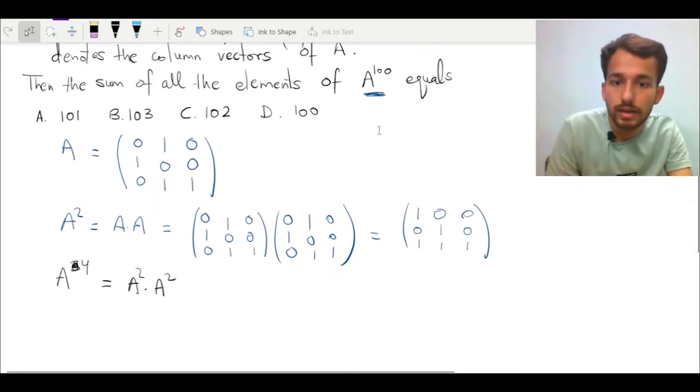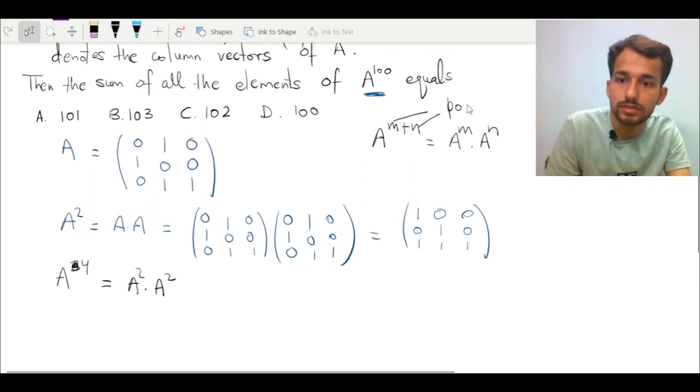In general, for a given matrix A, A raised to the power m plus n is the same as A to the m times A to the n, where m and n are positive integers. So this holds in general.